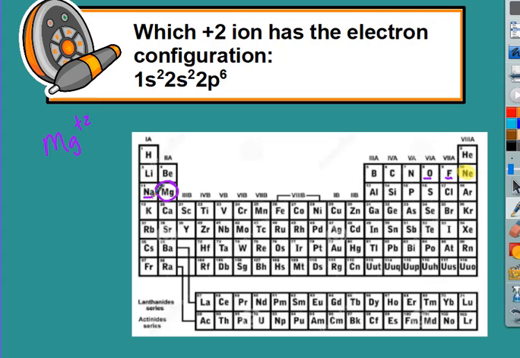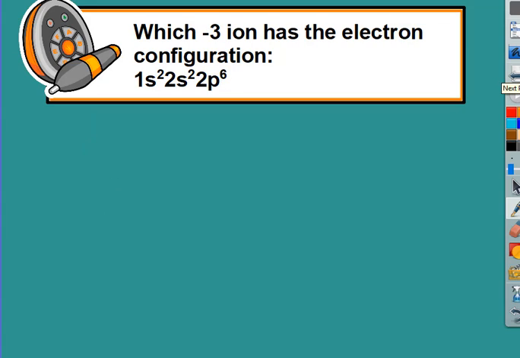Another way you could have done it was say that this has 10 electrons, and if it's a +2, it lost 2 electrons, which means it must have had 12 electrons before it lost those 2, which corresponds to magnesium. So go ahead and pause the video and try this one. Restart when you have an answer.